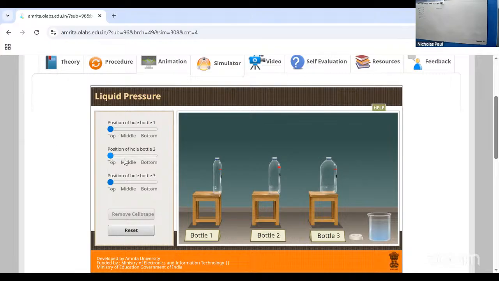What you will notice is that each of the bottles has a hole. The little black spot there is a hole. You see that? We're going to observe what is happening to the water as it comes up.